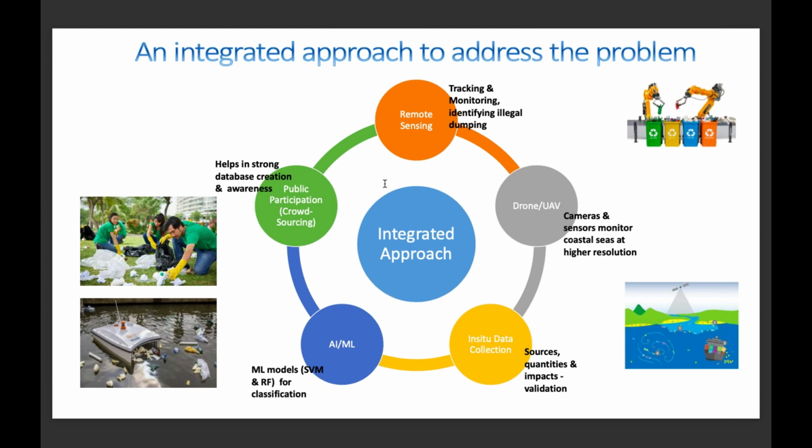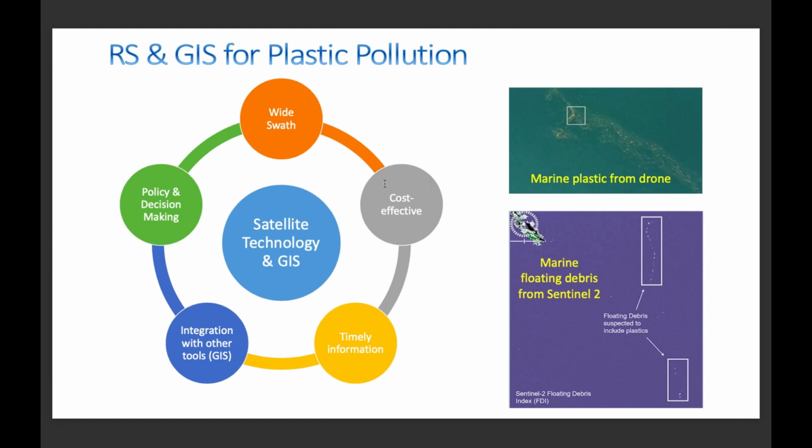Now I will talk a bit specifically on the remote sensing aspect. Okay, so coming to remote sensing and GIS, this is helping a lot in identifying hotspot zones in the oceans, especially in the coastal zones, because it provides a global perspective of this kind of problem that otherwise is very challenging to monitor by conventional means.